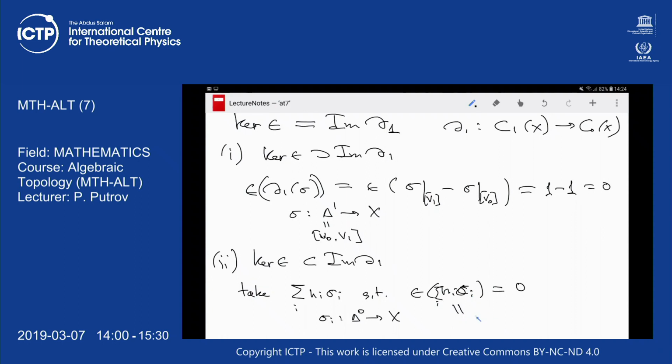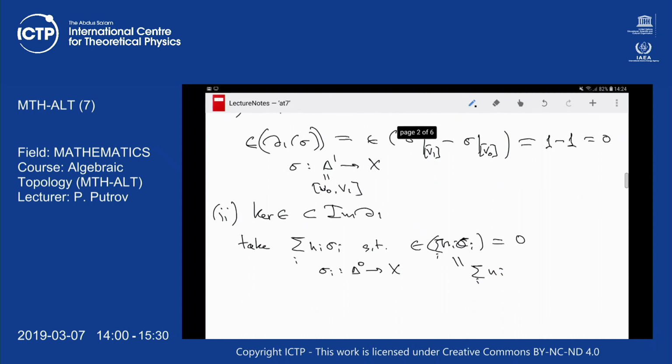But epsilon of the sum is by definition the sum of coefficients. So this sum belongs to the kernel of epsilon if and only if the sum of the coefficients is 0. So now we want to show that such a sum, when the coefficients sum up to 0, belongs to the image of D1.